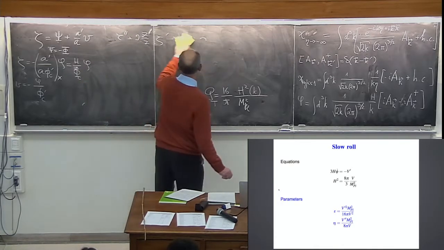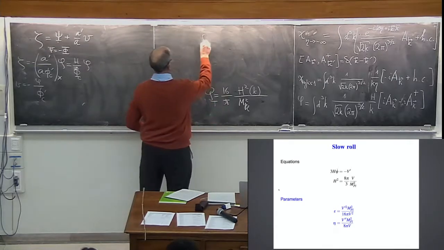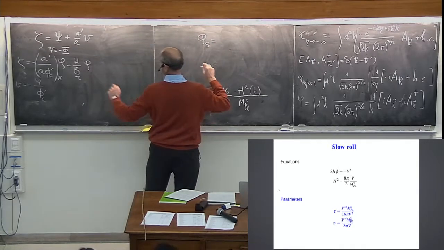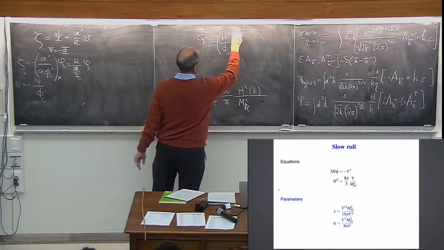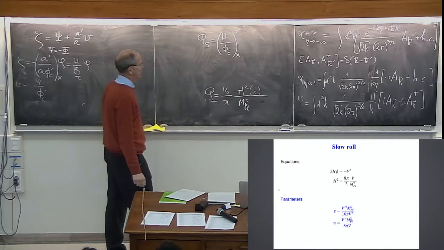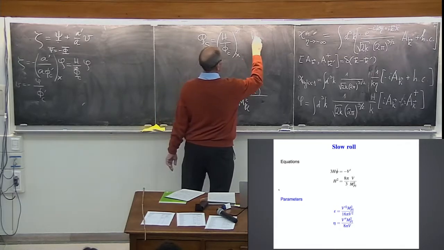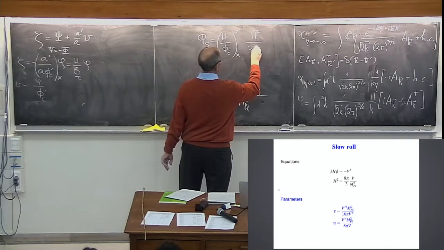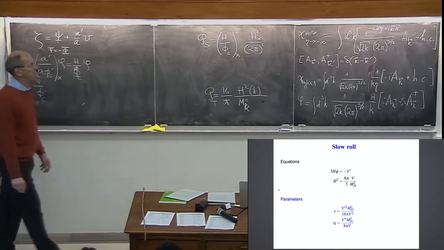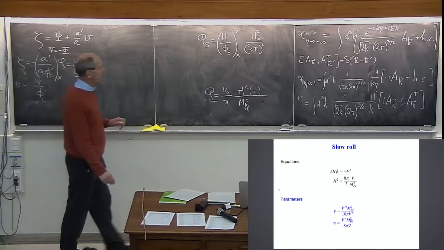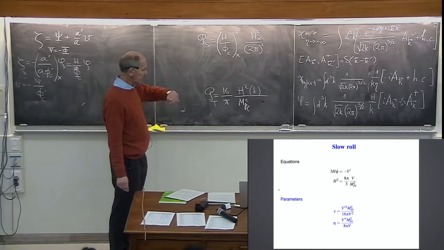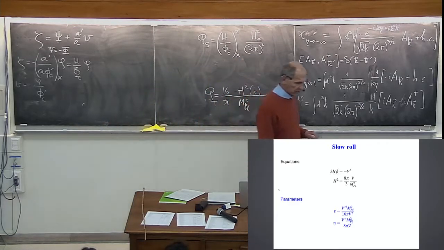So I immediately get the scalar spectrum. The scalar power spectrum equals h over phi dot classical, squared, at the horizon crossing, as usual, times h squared over 2 pi squared at the horizon crossing for the given mode. That's the standard result of inflationary theory, that you get this power spectrum for scalars and this power spectrum for tensors.